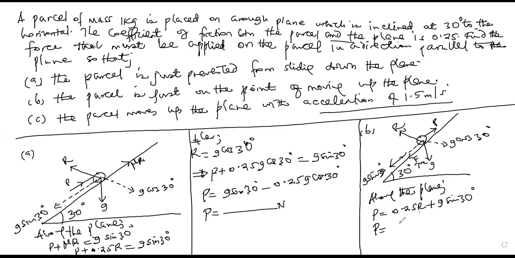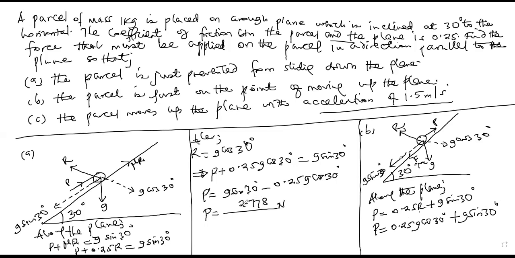Resolving perpendicular to the plane, P is equal to 0.25 g cos 30 plus g sin 30. After computing, I get 2.778.